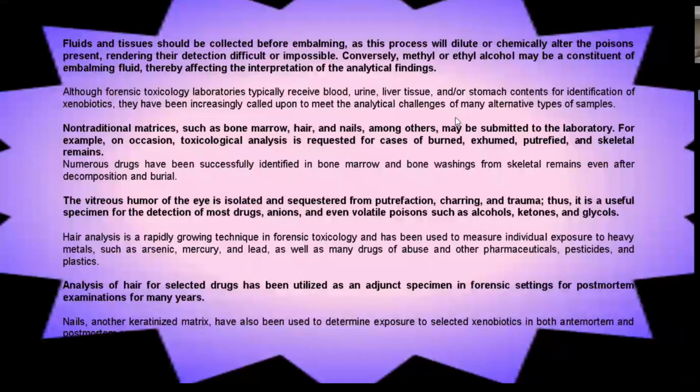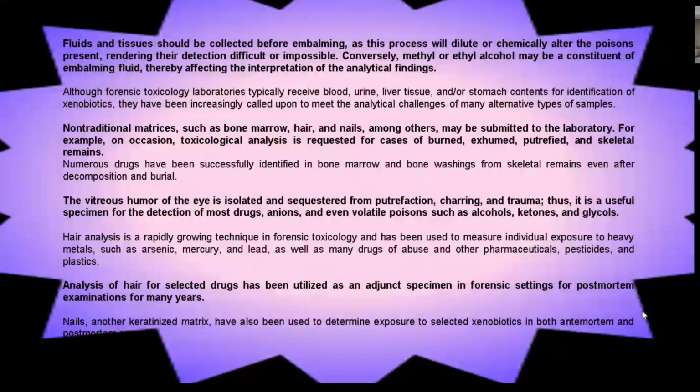Like arsenic, we know the example where we found the hair after a very long period of time, and still we are able to find the presence of arsenic in the hair, and we are able to know that this person has been poisoned by chronic arsenic poisoning, and death has occurred. So for that, we are able to know the amount of toxin present. So we are also using bone marrow, hair and nails.